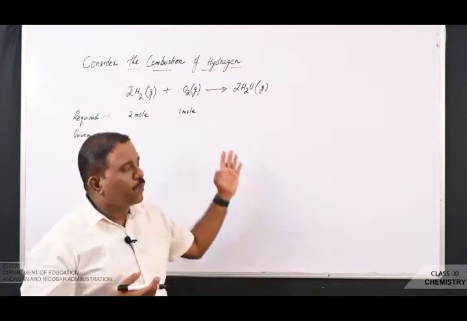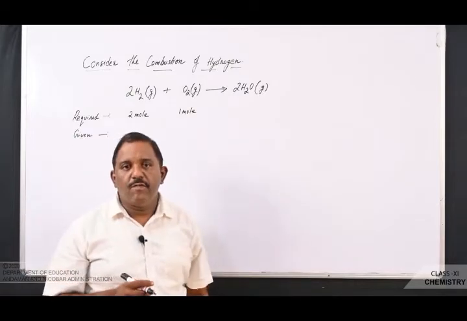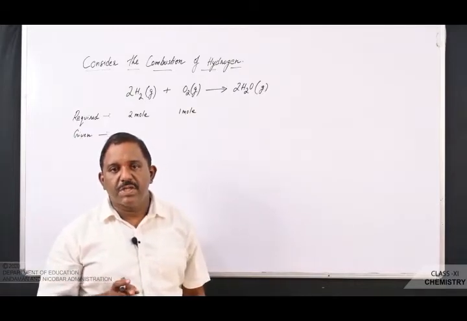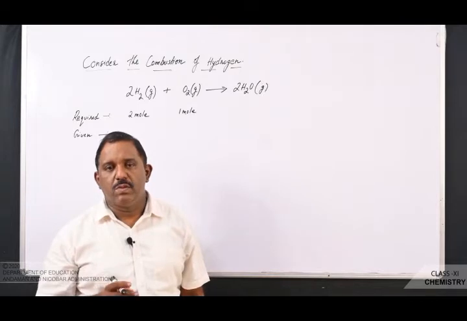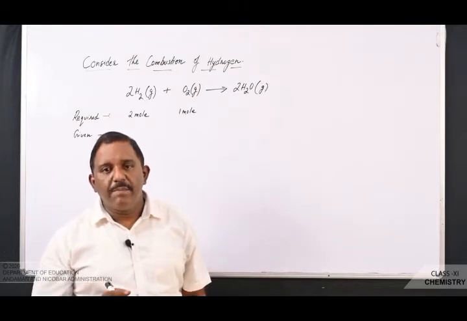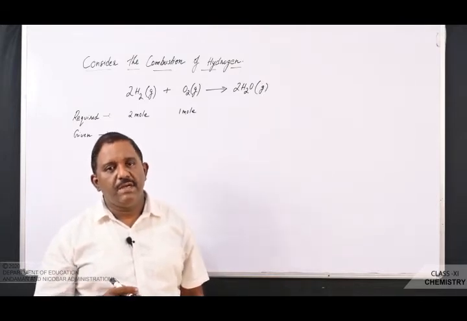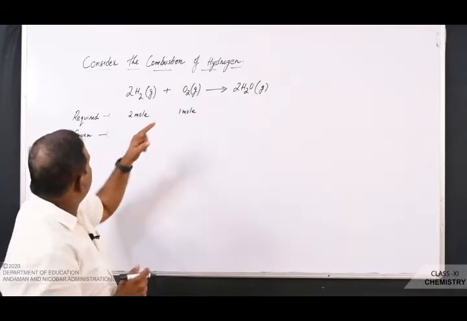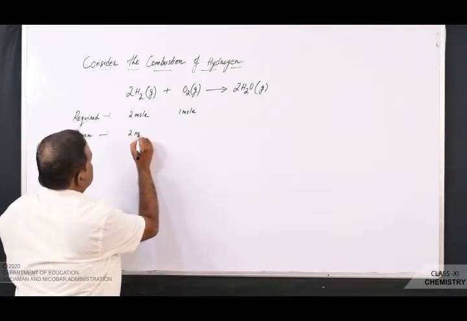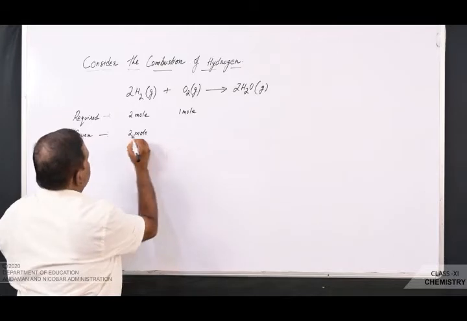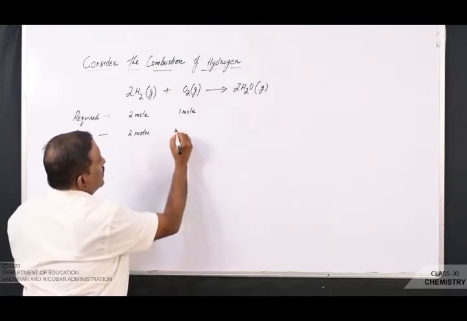According to the equation, 1 mole of O2 is required for the complete combustion of 2 moles of H2. So 1 mole of O2 will be left over at the completion of the reaction. See here, 2 moles is given and 2 moles.